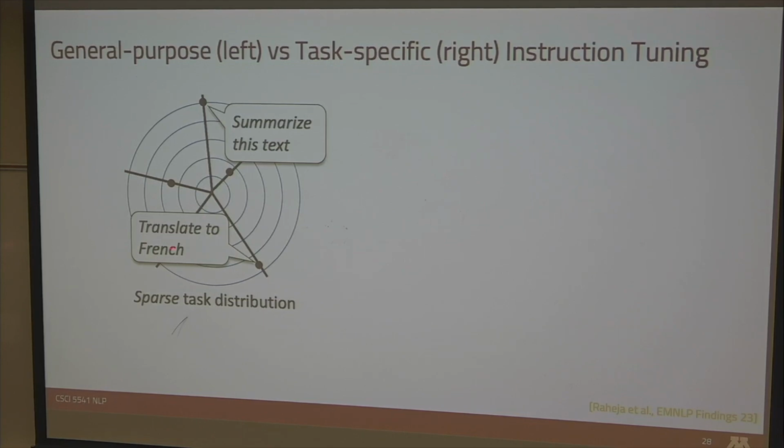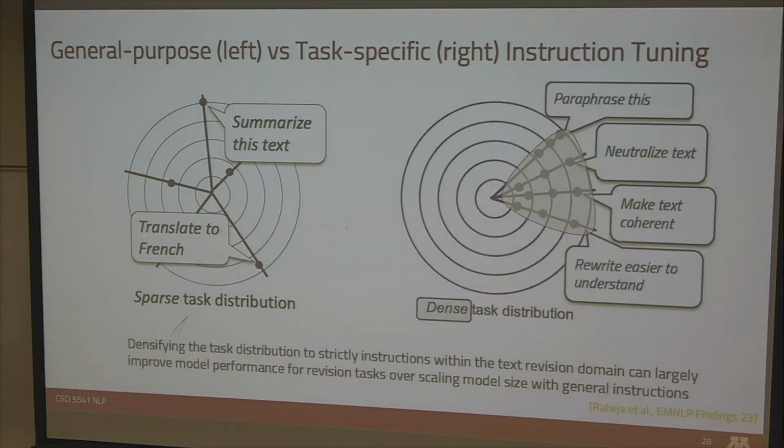So consider this. This bullseye diagram is an abstract visualization of the learned task distribution for specific tasks. And because these models are trained to perform as diverse tasks as possible, the learned spaces could be quite sparse, just because there are so many different types of tasks, as opposed to a more task-specific tuned model.